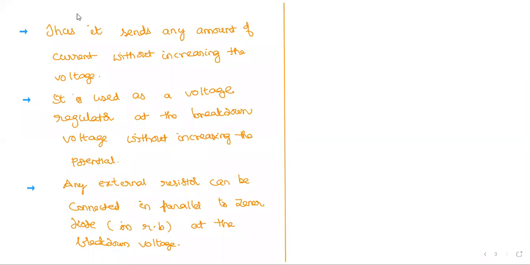Sir, one doubt. Yes. Suppose we connect one Zener diode to some appliance, like a TV, in parallel only. Suppose at some time of fluctuation we get some high voltage, like 250 volts or something.